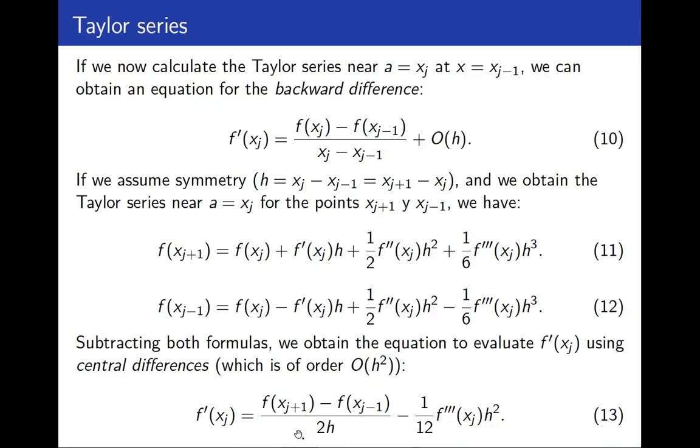This approximation is already good. This equation will be a good approximation to the derivative, because the terms of order h to the 2 only involve the third derivative, and this third derivative depends on h to the 2. So if we have, for instance, a value of h equal to 0.1, this term is already going to be small.